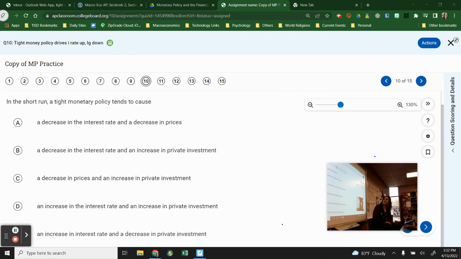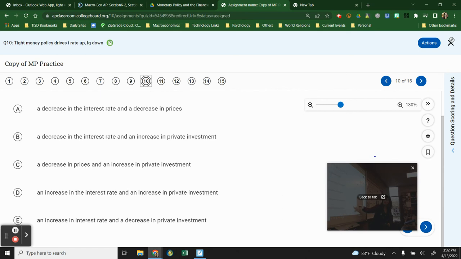Okay, so tight money policy tends to cause... So contractionary monetary policy causes what? An increase of interest rates. Okay, so we can get rid of all the decreases. So we're left with C, D, and E. And if interest rates go up, people aren't going to invest. Wait, why are we left with C?